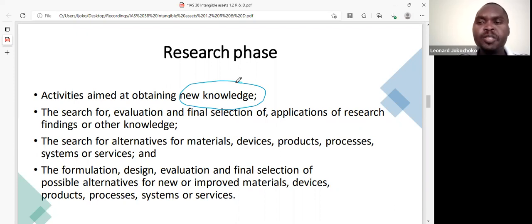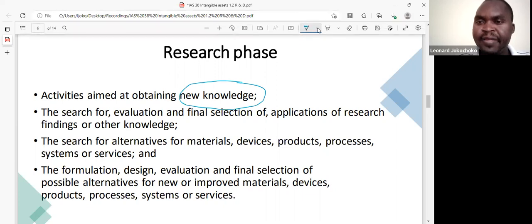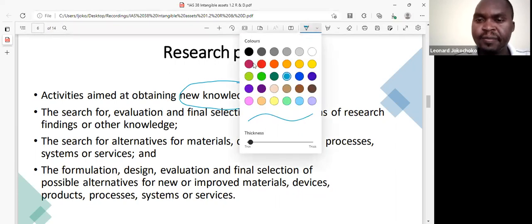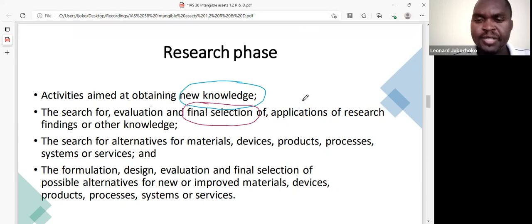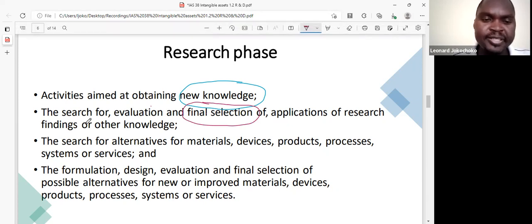I'm not allowed to treat the expenditure I spent on this research as an asset. It does not meet the recognition criteria of an asset. Thus, as long as I'm gathering knowledge just for the purpose of knowing, there is no asset to recognize. The same idea applies if I'm not doing final selection, or trying to choose the final knowledge I'm going to follow.